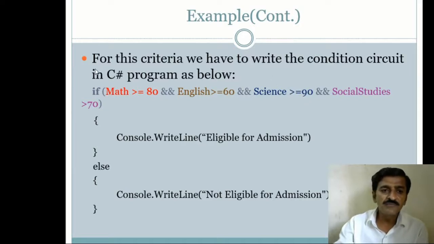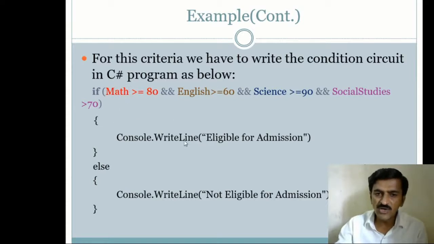But if the math mark is not greater than 80, it means the first condition that we have specified here is false. If the first condition is false, then there is no use in testing the other conditions in the if statement. If this condition is false and all other conditions are true, the result still becomes false.